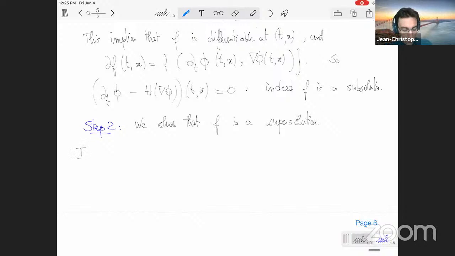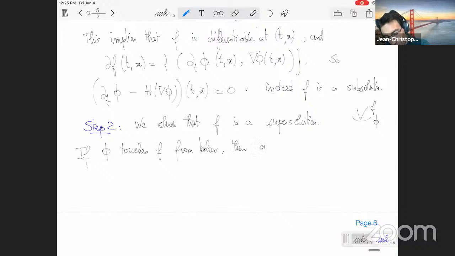So if phi touches f from below, so the drawing is like this. And this is really a legitimate drawing in some sense, because a convex function can really look like this.